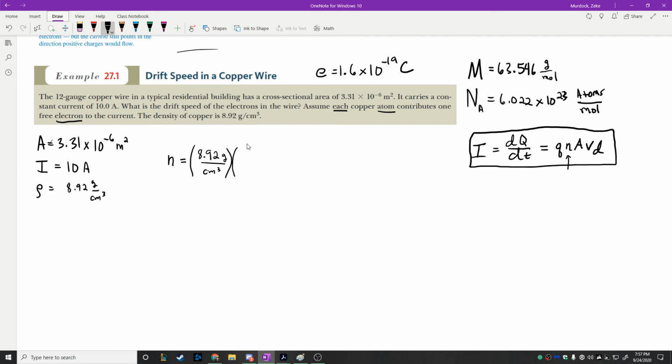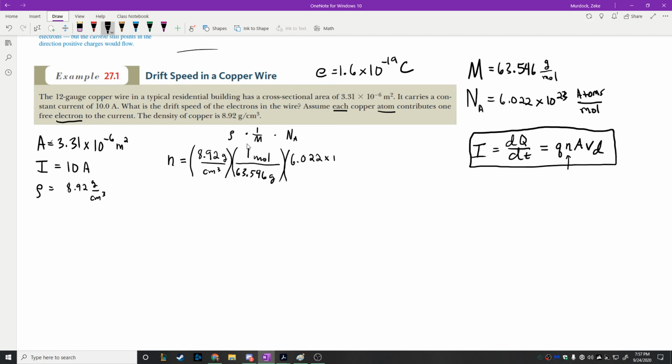So if I multiply by 1 over the molar mass, I put 63.546 grams in 1 mole. But then we also know the number of atoms per mole. So if we write that one right here, let's just summarize. This is 1 over the molar mass multiplied by the density multiplied by Avogadro's number.